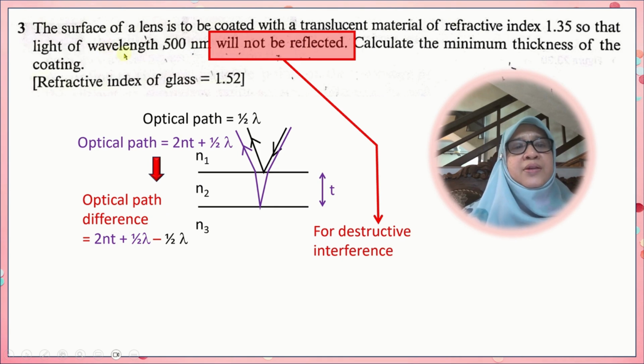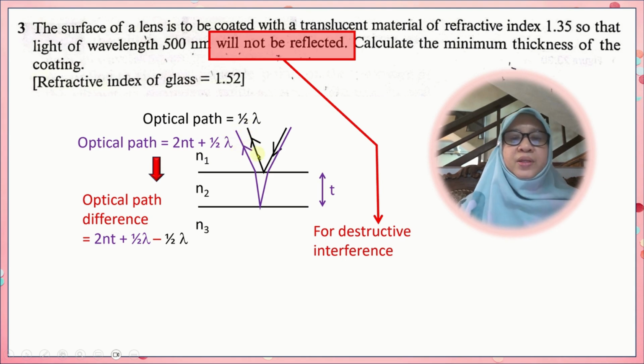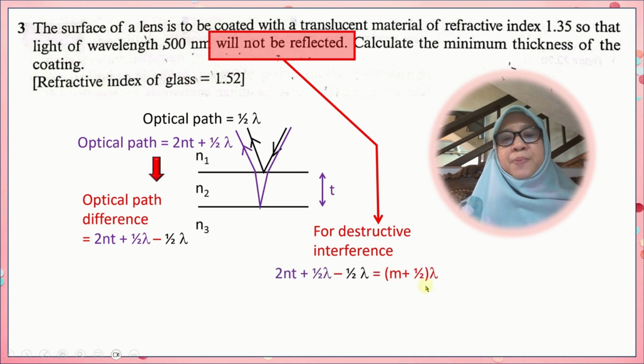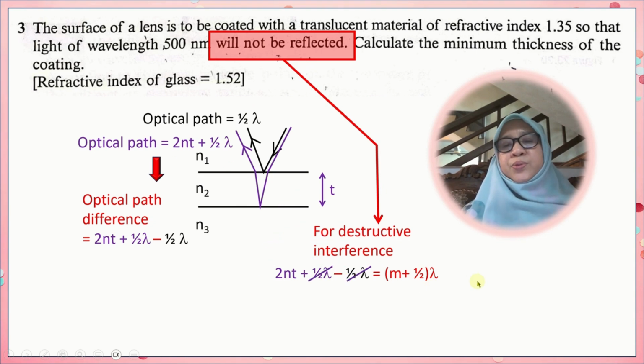The light of wavelength 500 nanometer we don't want to be reflected, so we equate the optical path difference of these two rays to m plus half lambda. We get destructive interference here, where the order m is 0, 1, 2, 3, and so on.